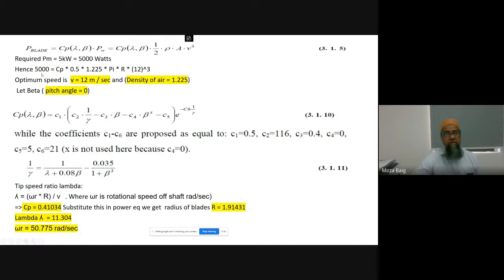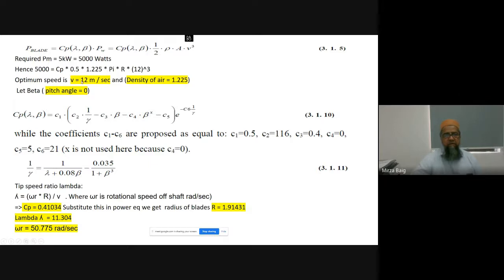Rho is air density, and normally the air density is 1.225 standard. So if we plug in these values, the optimal wind speed is 12 meters per second.